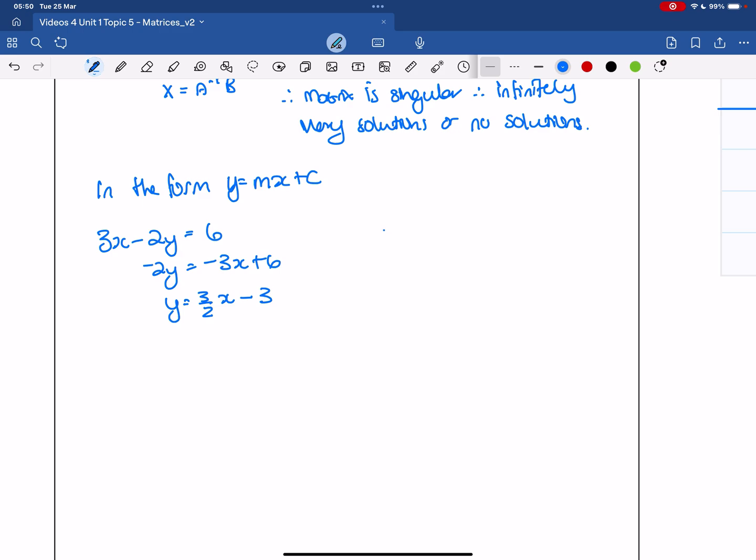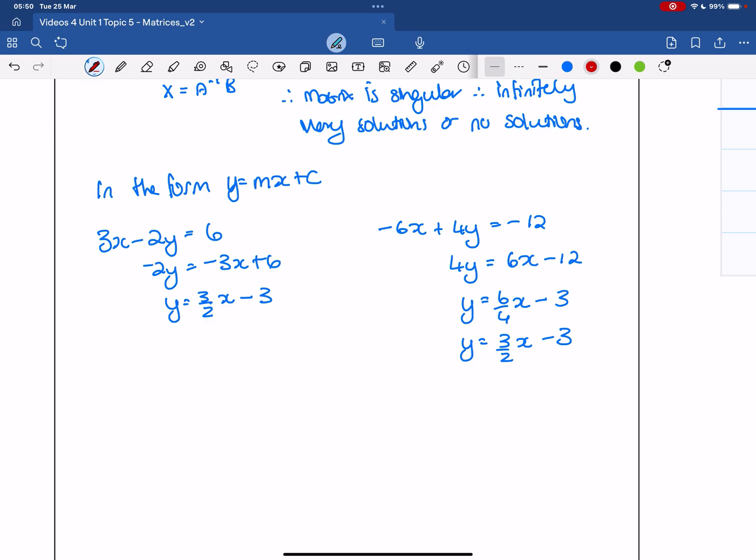And in the other one, we have negative 6x plus 4y is negative 12. 4y will be 6x minus 12. Y will be 6 on 4 x minus 3, and 6 on 4 x can simplify to 3 on 2 x minus 3.